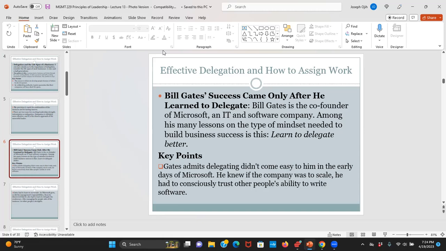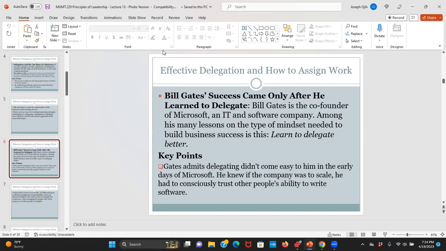While building Microsoft, he learned the importance of delegation.